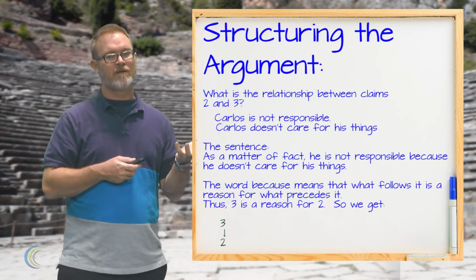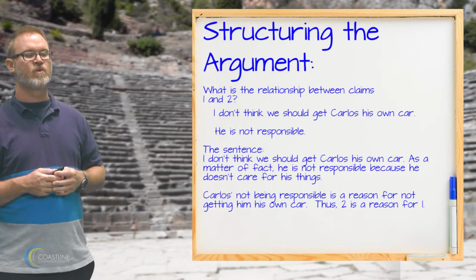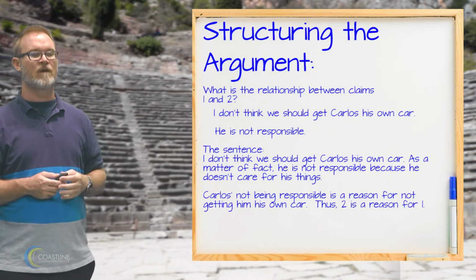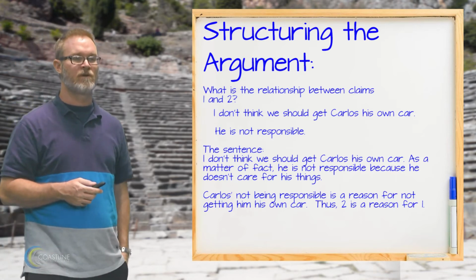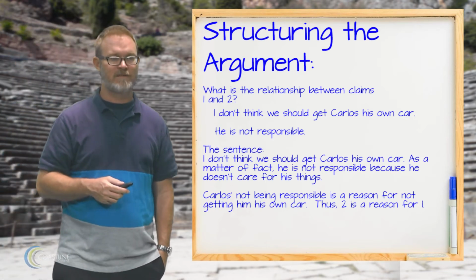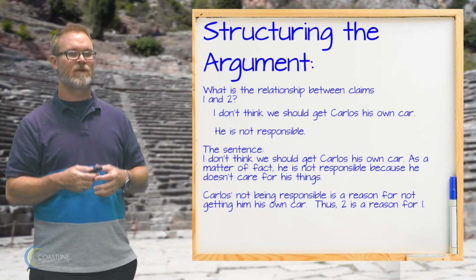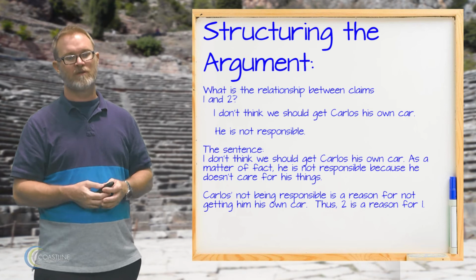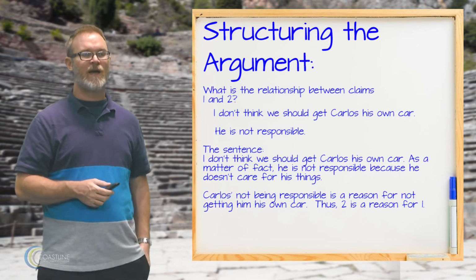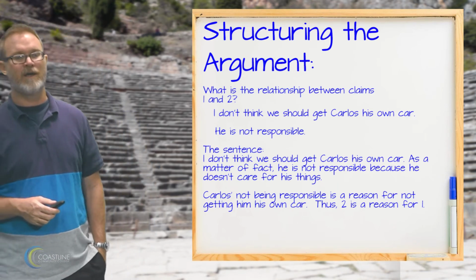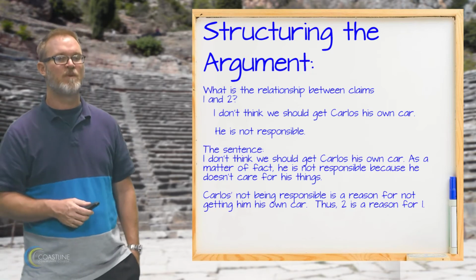Now we can ask, what is the relationship between the first claim and the second, right? The first claim says, I don't think we should get Carlos his own car. And the second says, he is not responsible. Now again, if we look back at the passage, we can see the order here. We can see the inference made. It says, I don't think we should get Carlos his own car. As a matter of fact, he's not responsible.